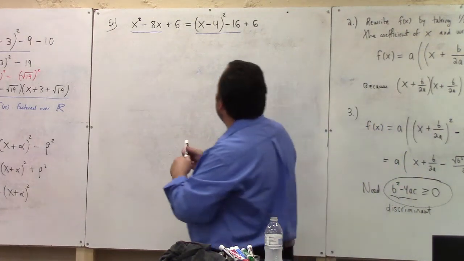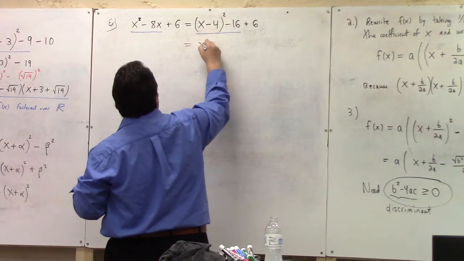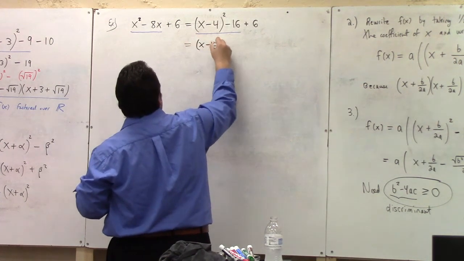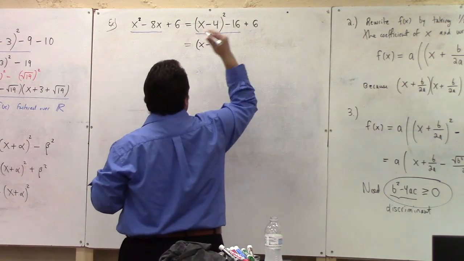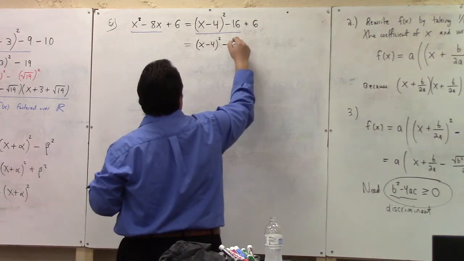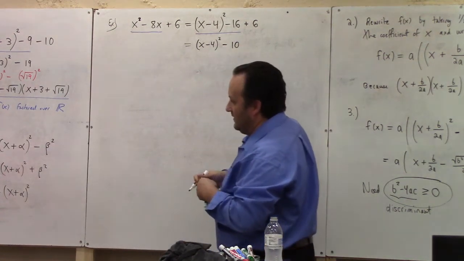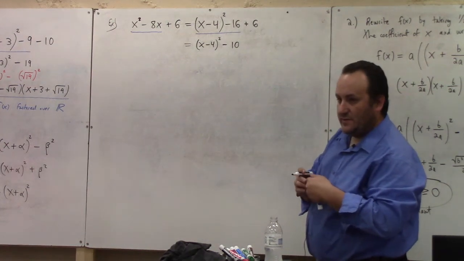What do we get? We get x minus 4 squared minus 10. So it looks like we're again in the first case, the positive discriminant case.